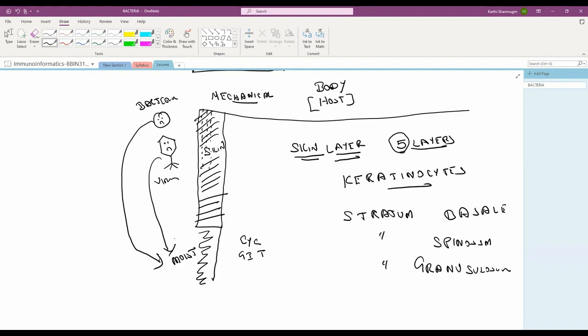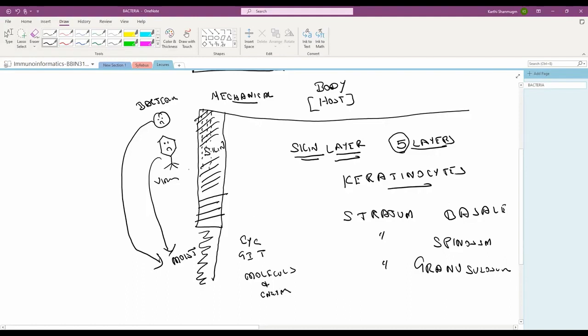The specialty of this moisture is that it actually contains many different types of molecules and enzymes.